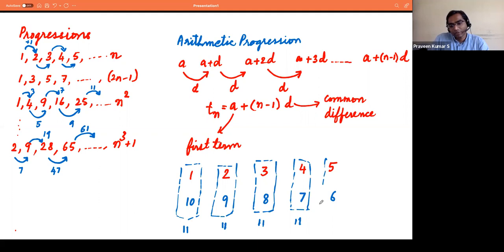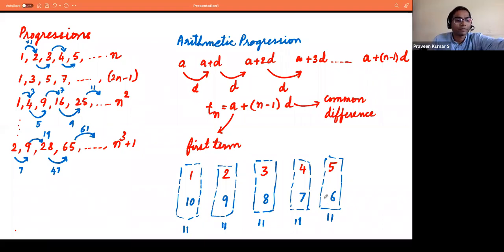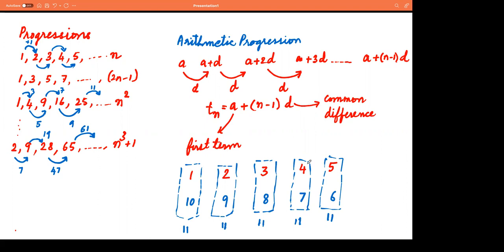How many 11s will you get? 5. You will get 5 of those 11s, right? And how do you know that there are 5 11s? In this case, you are able to count. But if I say add the first 100 numbers, how will you say how many pairs are formed like this? 50. 50 pairs.